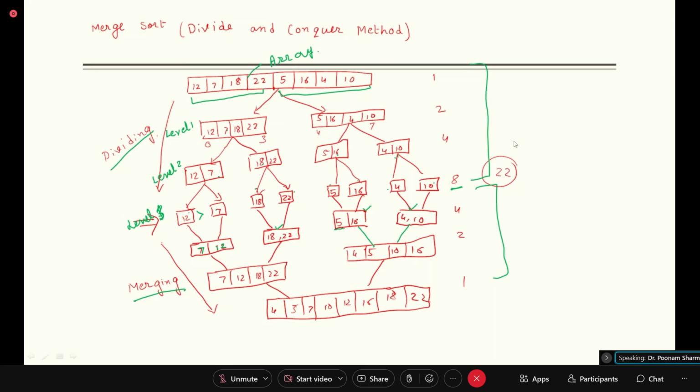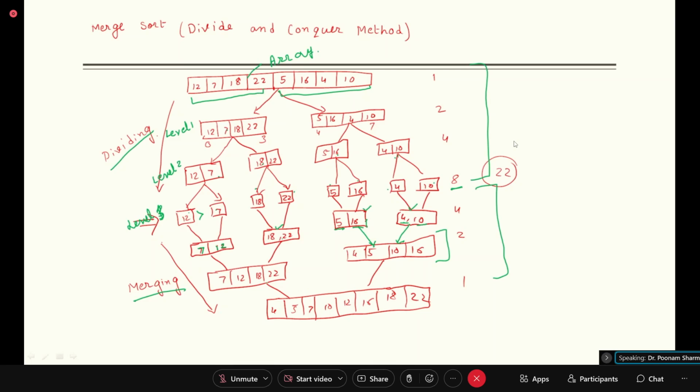We are having 5, 16, 4, and 10. If you see, 4 is less than 5 and 16 as well. 10 is less than 16 but more than 5. So when you're combining these two, here you have to take care of this thing. So you need to compare these values as well while merging. So this may happen at any level.